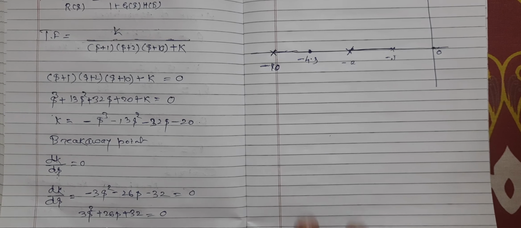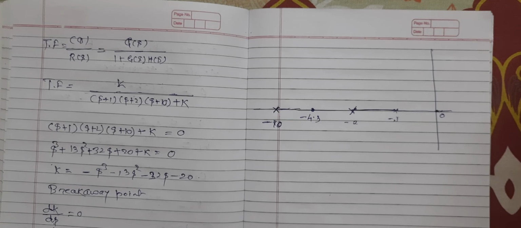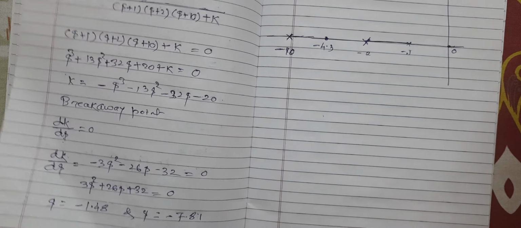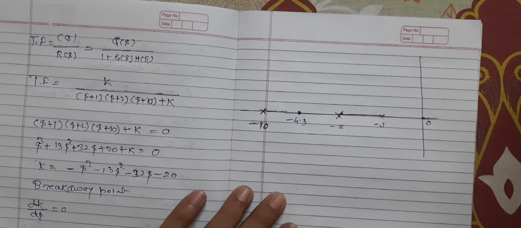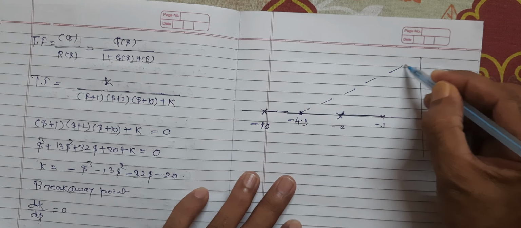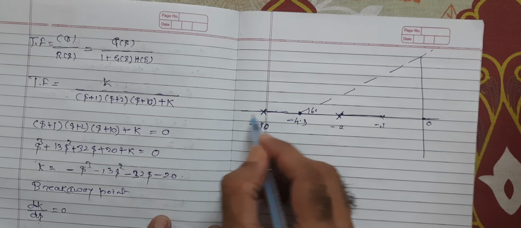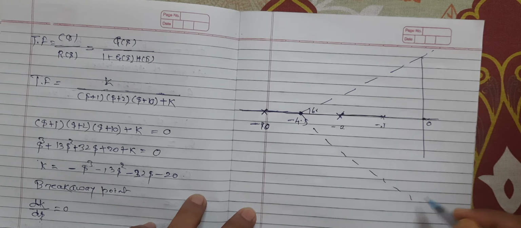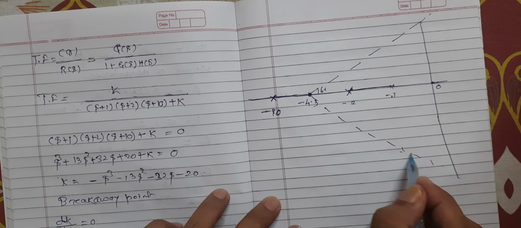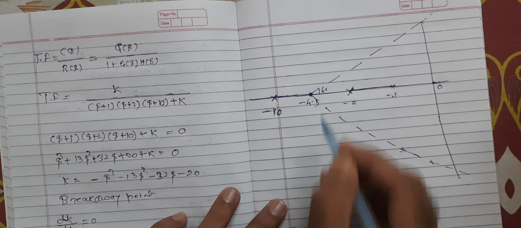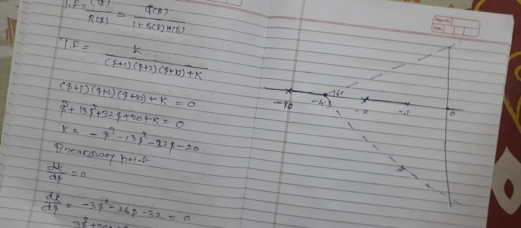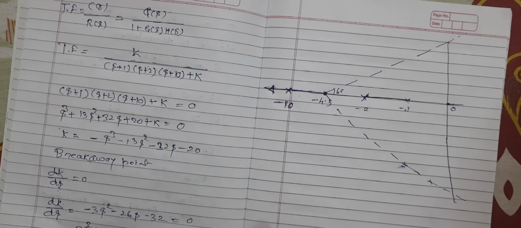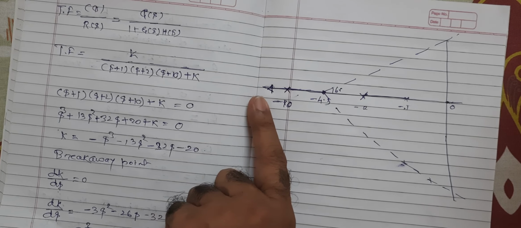Now from the centroid, we have to draw the angles. What are the angles? 60, 180 and 300. So 60, 180 and 300. Now see here, these poles will move towards infinity. So this is my root locus for these poles.